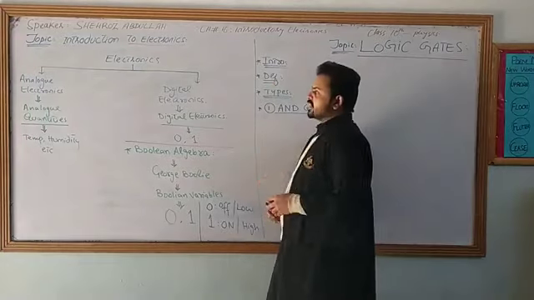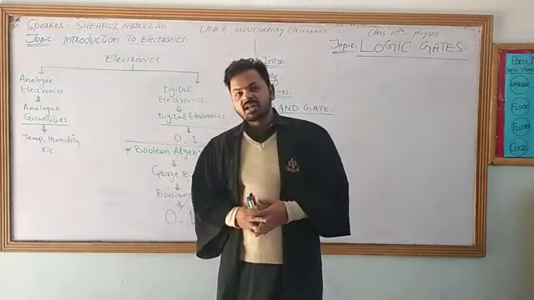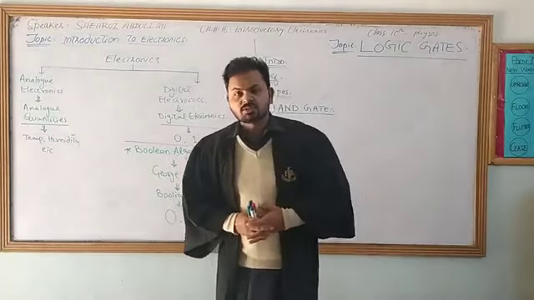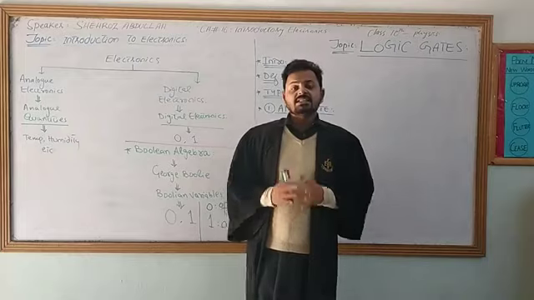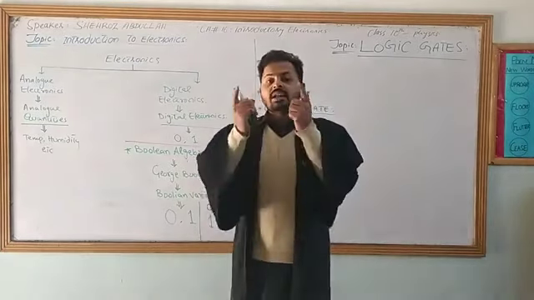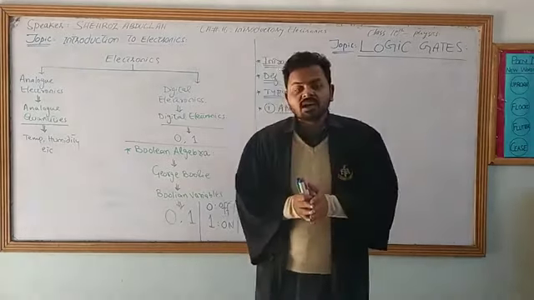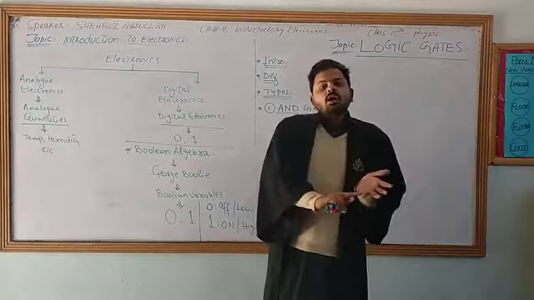Now electronics can be broadly classified into two branches. Number one, analog electronics, and the second is digital electronics. Analog electronics is that branch of electronics which deals with analog quantities. Now, what are analog quantities? Analog quantities are those quantities which may remain fixed or may vary.